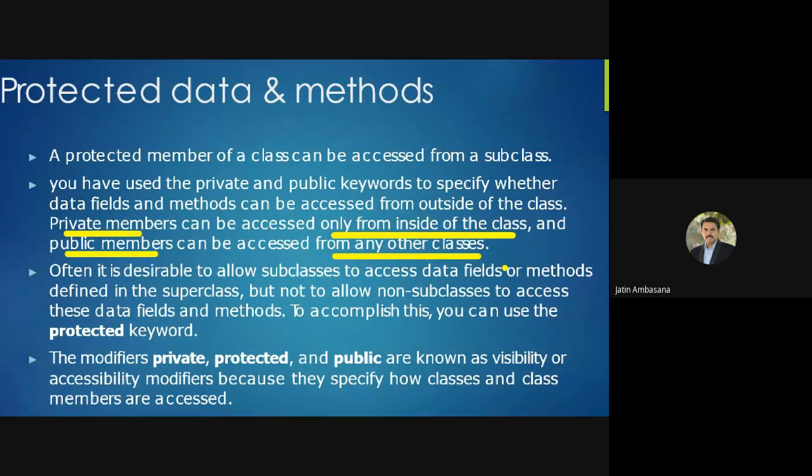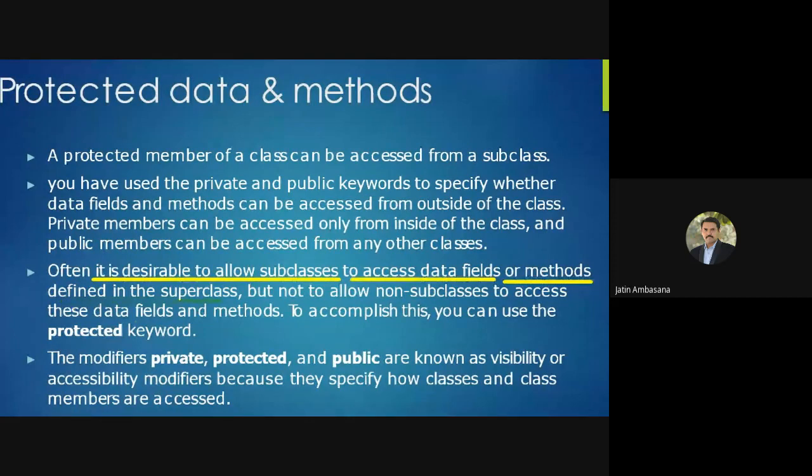But if you want to restrict this, so that not any other class but only a subclass can access them, right? If it is desirable to allow subclasses to access the data fields or methods defined in the superclass, but not to allow non-subclasses to access them, then you can use the protected keyword.